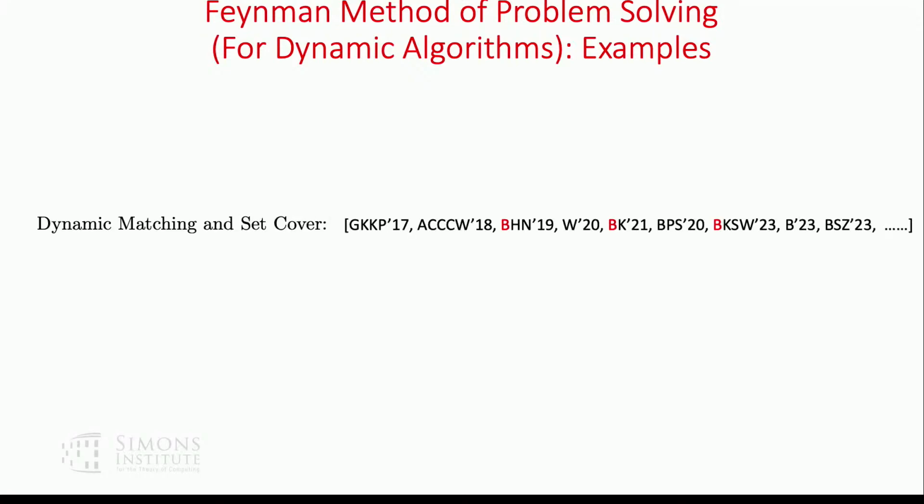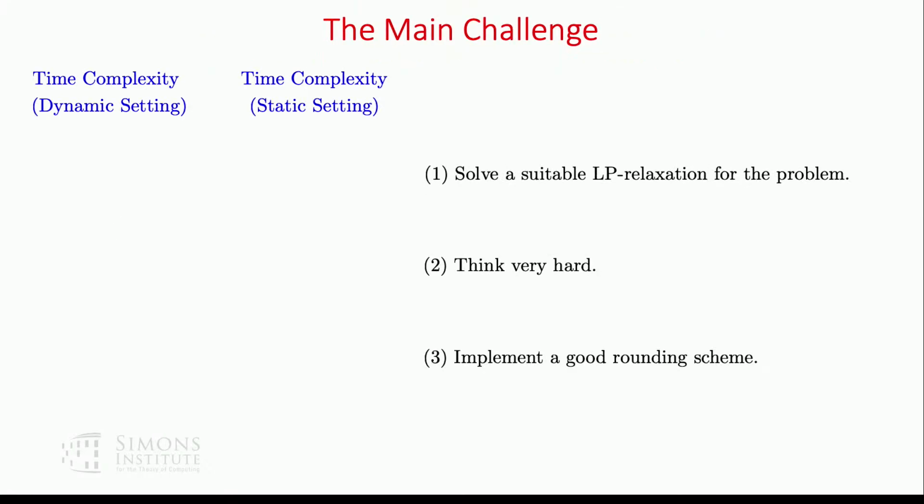For instance, yesterday David's talk was on this topic, but most of this framework until now has been mostly applied for dynamic matching and set cover. And if we ask why there are relatively fewer instances of dynamic rounding schemes, I think one answer is that it brings in new kinds of challenges.